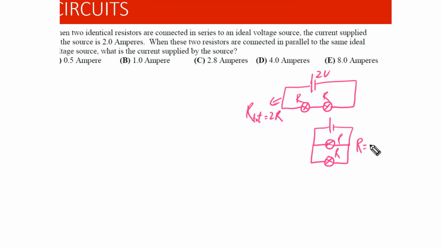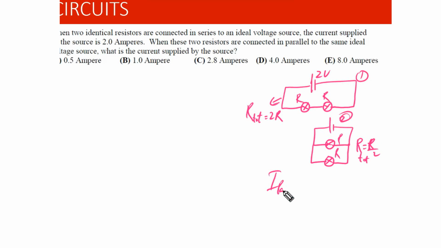So R total in this case, R by 2 here. How many times is this resistance greater? This resistance is greater than this one 4 times. So I can say this is circuit 1, this is circuit 2.